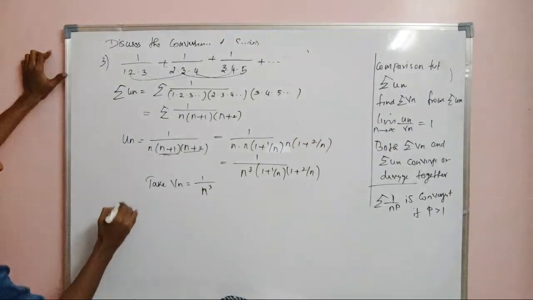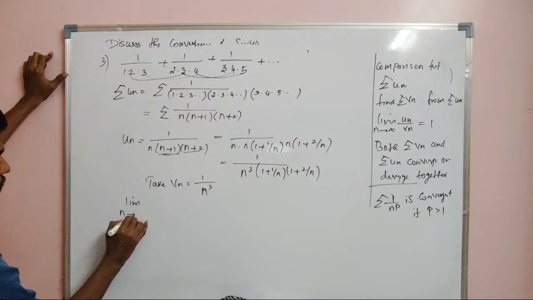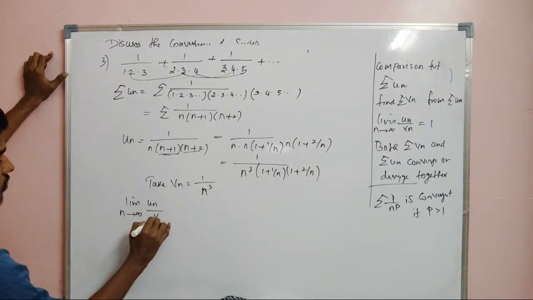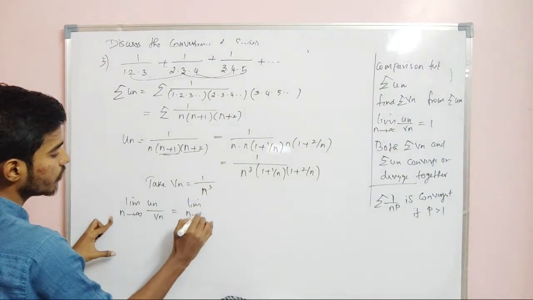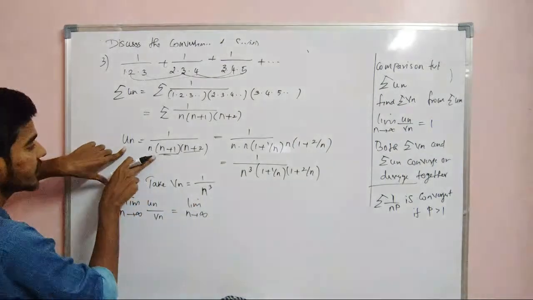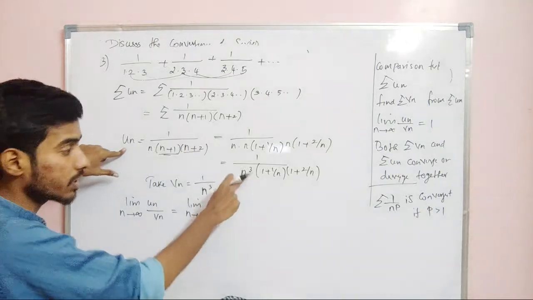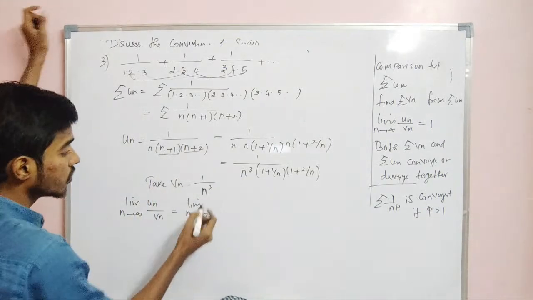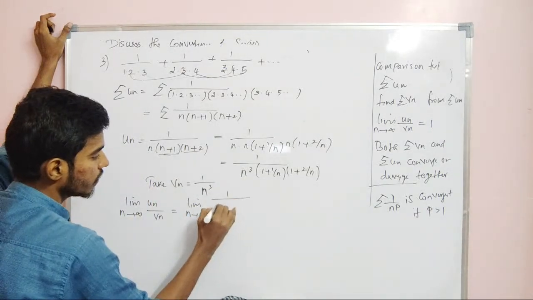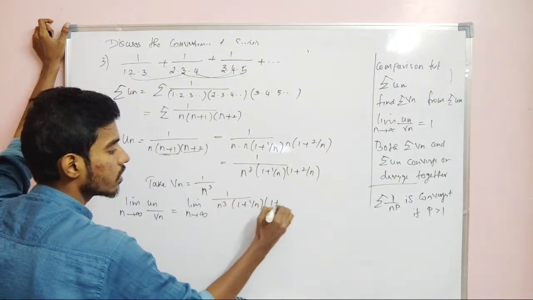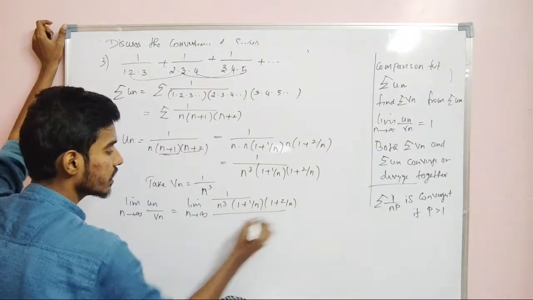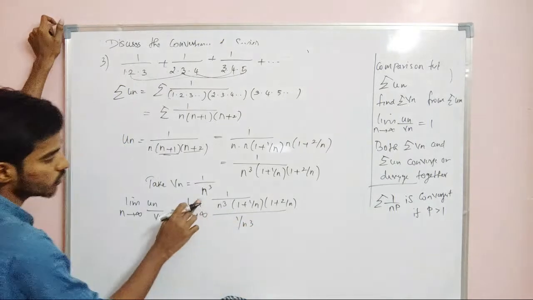Now you find the limit as n tends to infinity of un by vn. Instead of taking this as un, you can take this form, because this is nothing but a simplification of the term. So this is nothing but 1 by n cube into 1 plus 1 by n into 1 plus 2 by n, divided by 1 by n cube, because vn is 1 by n cube.